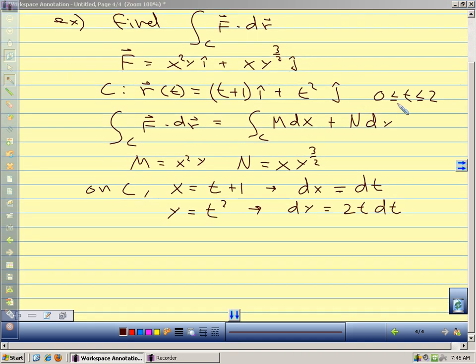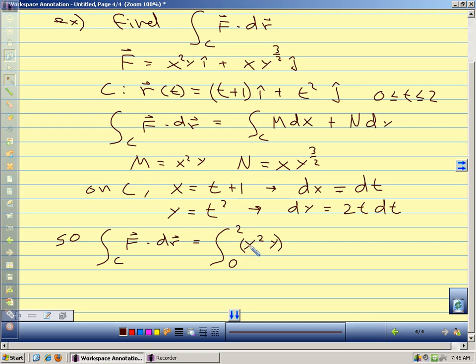I have my limits on t here. So my integral of F dot dr is going to be the integral from 0 to 2 of M, which is x squared y, times dx, which is dt.